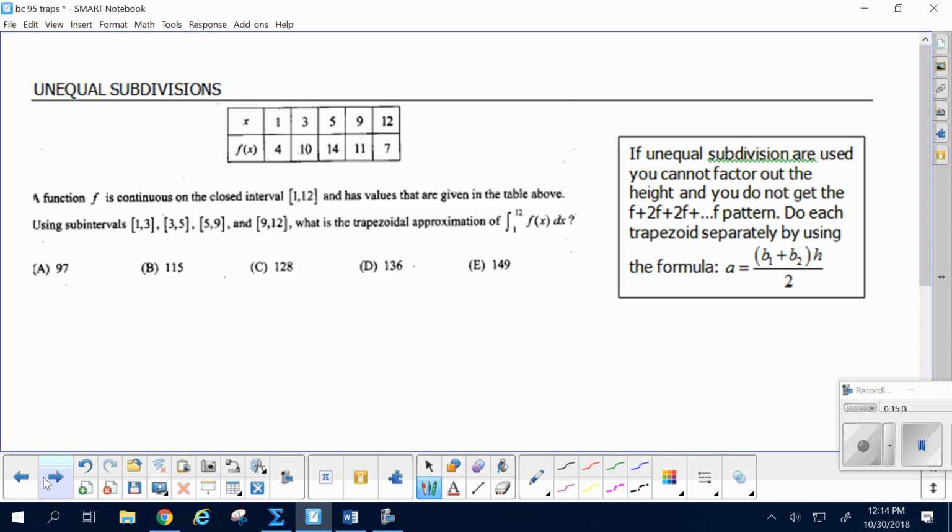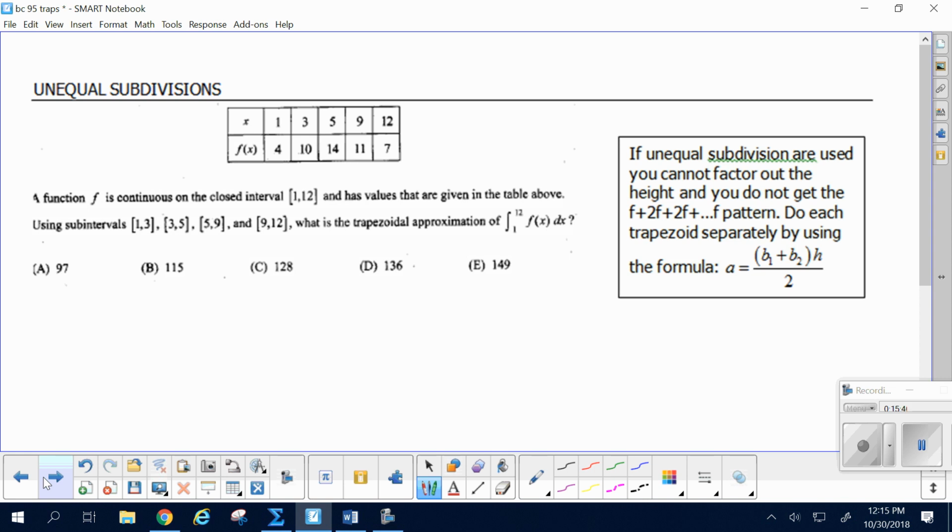If you're estimating the area under the square root of x without a calculator, you probably wouldn't divide this region into perfect equal chunks like fives, because who knows the square root of 5? You'd probably divide it at places you could take the square root. So you'd probably do a trapezoid from 0 to 1, and a trapezoid from 1 to 4, and a trapezoid from 4 to 9, and so on. You'd get unequal bases. So unequal bases happen for lots of reasons. Are you with me?